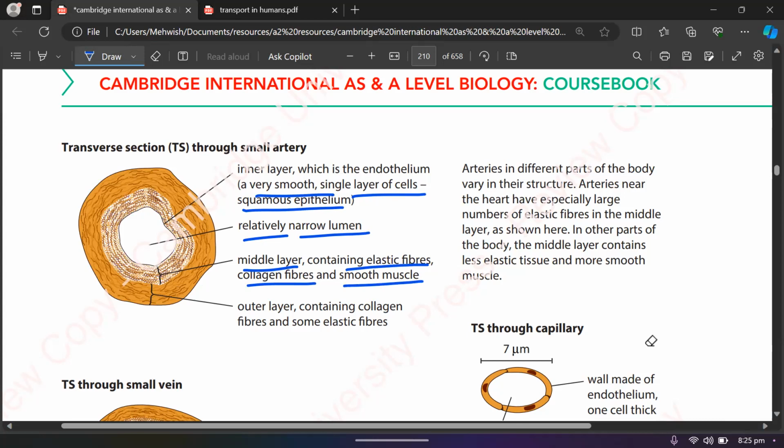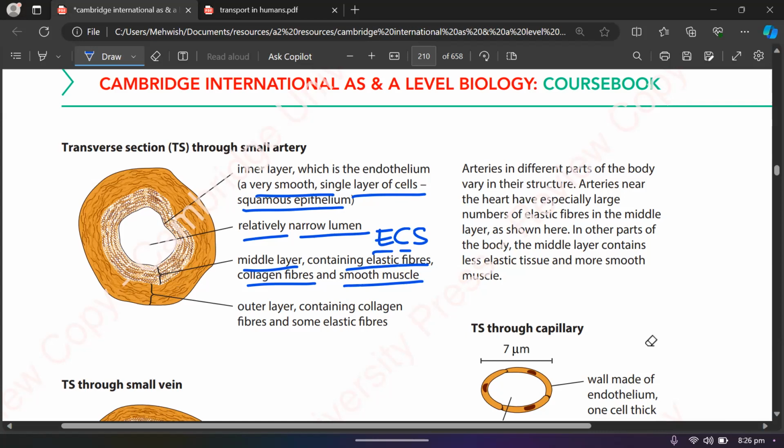To memorize it, you can say ECS. E means elastic fiber, C means collagen, and S means smooth muscles, right? So these three tissues, these fibers, are present in the middle layer. As it is present next to the epithelium lining, it has to resist more pressure.